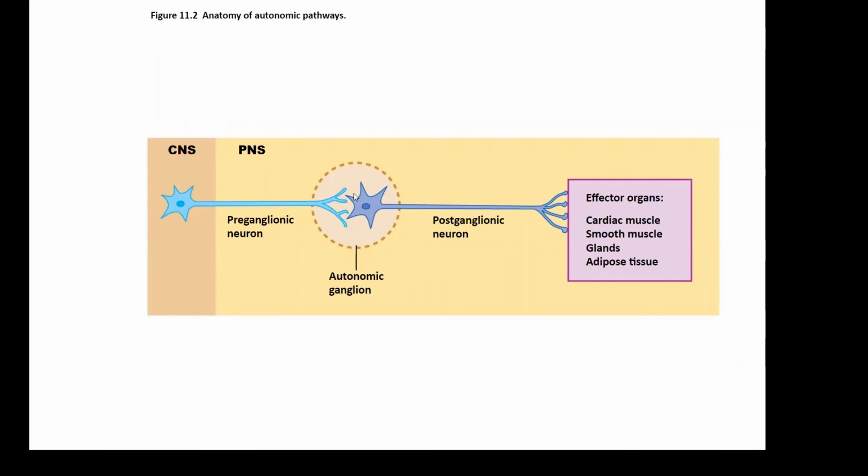So you'll actually be able to see ganglia in the body because they contain these cell bodies, which, you know, aren't big, they're neurons, right? But they're big enough to be visible. So we're going to have our preganglionic neuron traveling to these autonomic ganglia, and our postganglionic neurons traveling out to our effector organs.